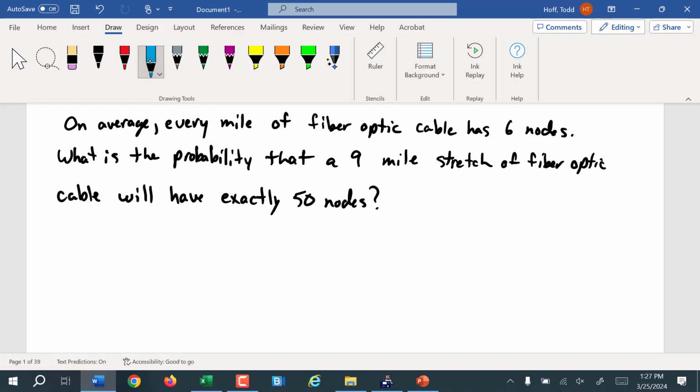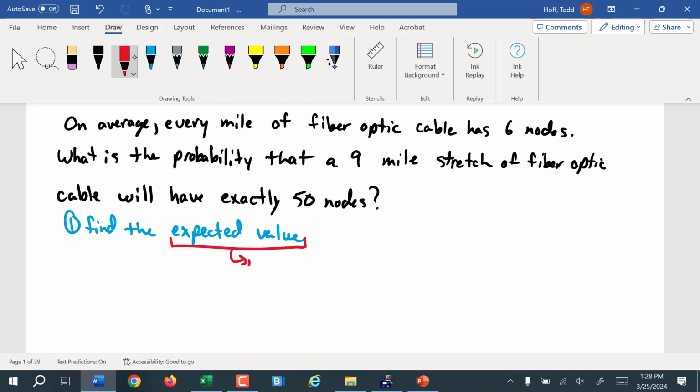So first, we want to find the mean. Or I always like to put it as the expected value. Remember, the mean is expected value is another way of saying the mean. So to do this, we have 9 miles times an average of 6 nodes per mile. That gives us 54 nodes is the expected value. That's our mu.